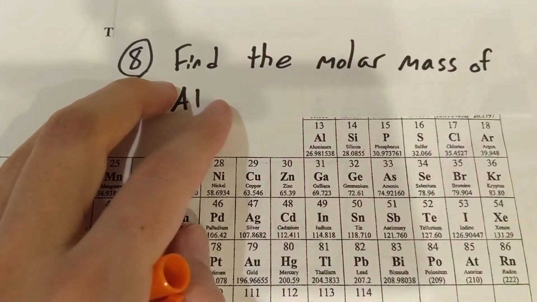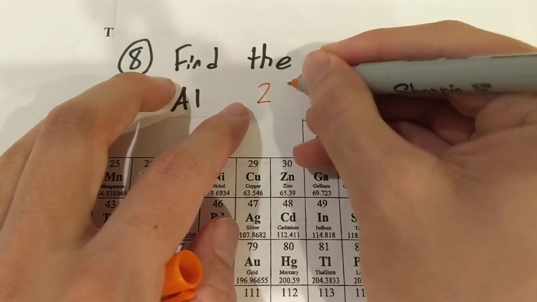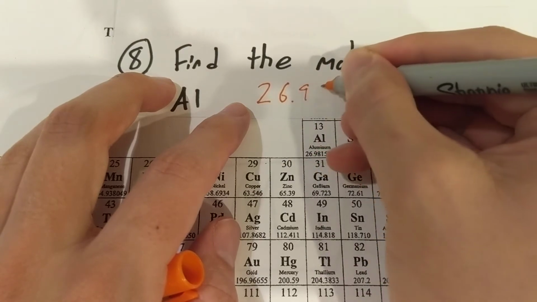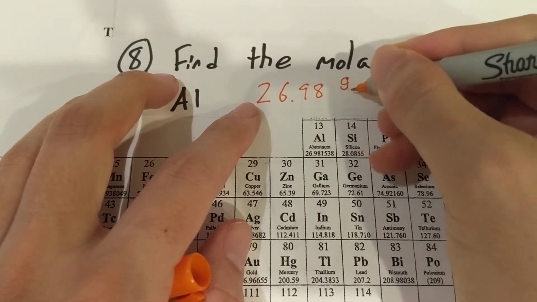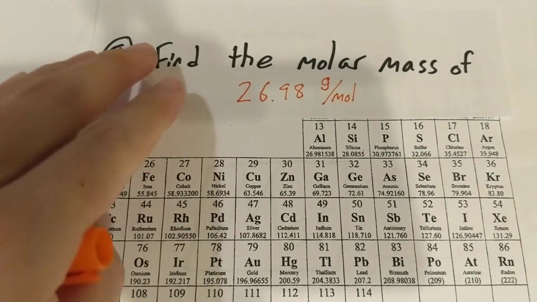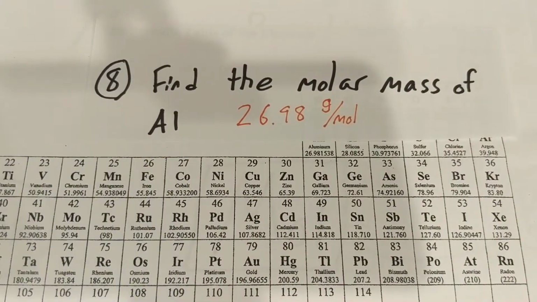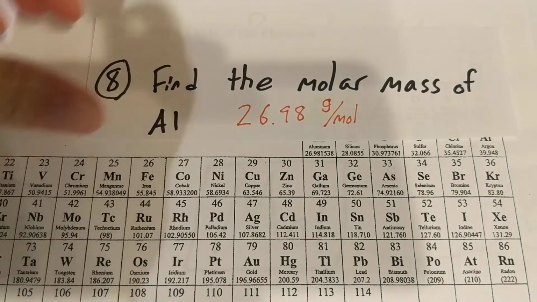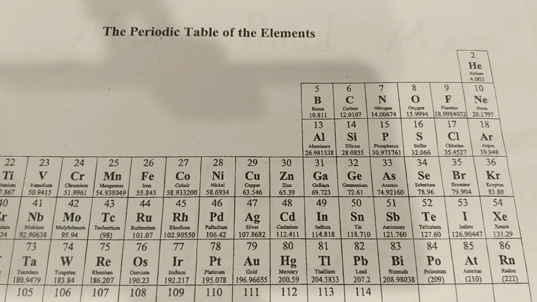We could just round to the nearest hundredth. 26.98. And the units are very important here. It would be grams per mole. So that is as easy as it is to find the molar mass of just a single element. It does get a little bit harder if you want to find the molar mass of a compound. So let's do a practice question like that.